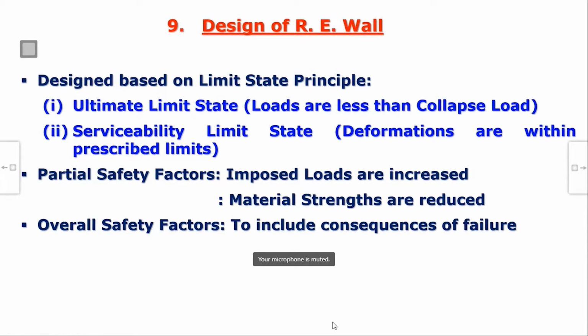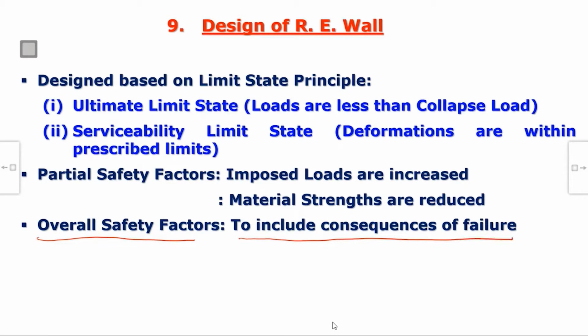And then when you check overall stability, sliding and all those things, you use the overall safety factor, which depends on the consequence of failure. If that failure happens, how catastrophic will the consequence be, depending on that, these factors are given. So BS 8006 gives very big tables for various conditions, which load, what factor is to be applied.